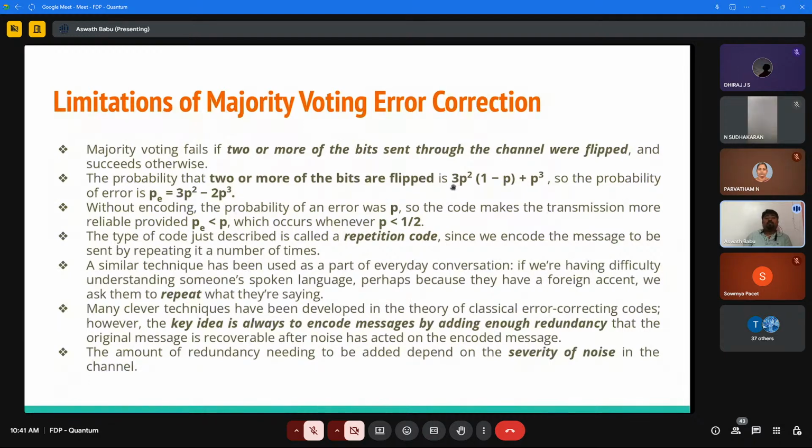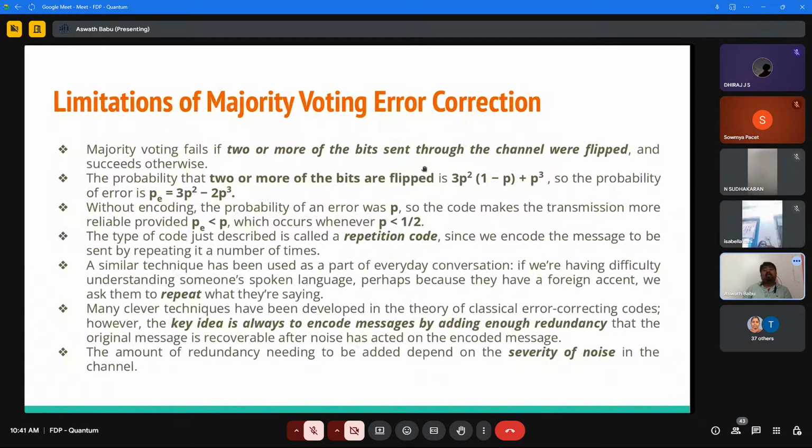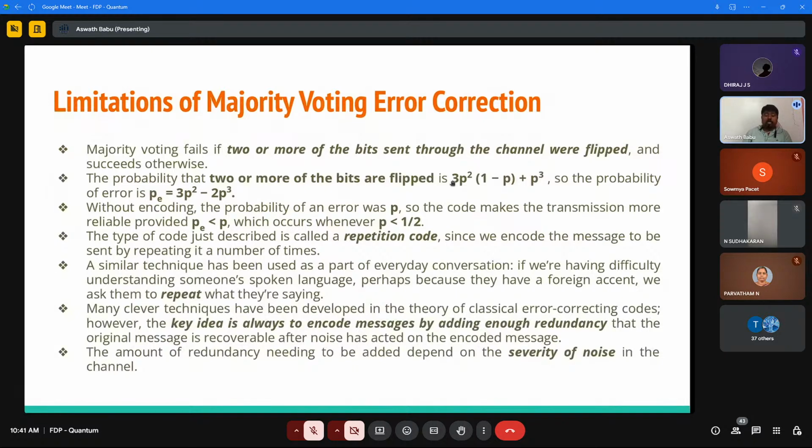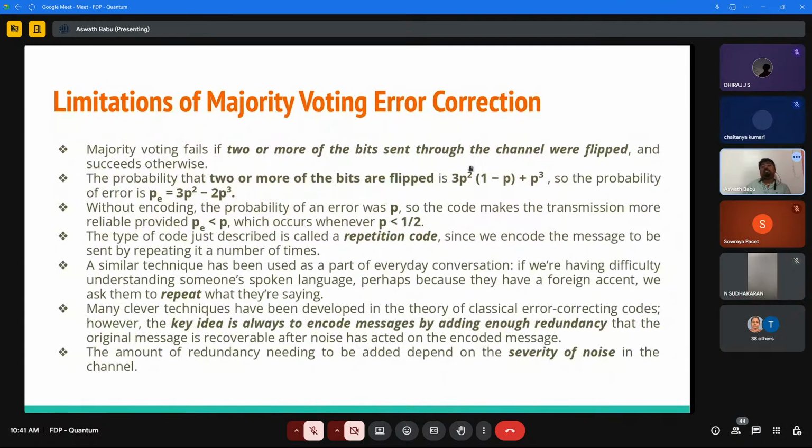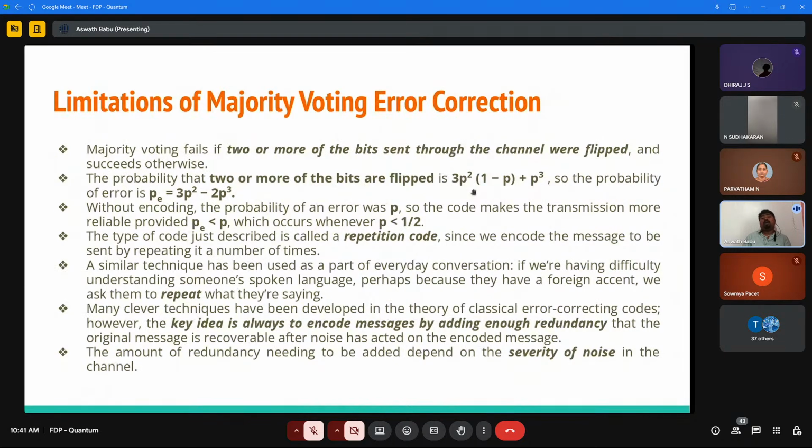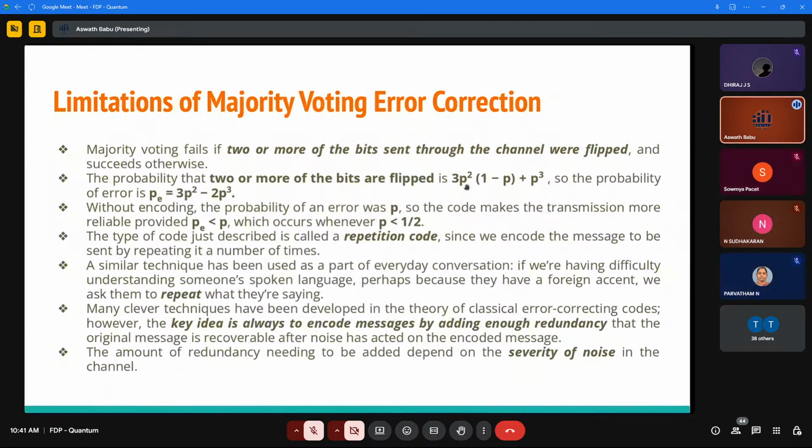So for the mathematics and statistics, here I have given the chance of two bits getting flipped, with one bit remaining intact, among the three bits. This is the equation: 3p squared multiplied by (1 minus p), plus p cubed. And the probability of error, if you simplify this expression, comes out to be 3p squared minus 2p cubed.